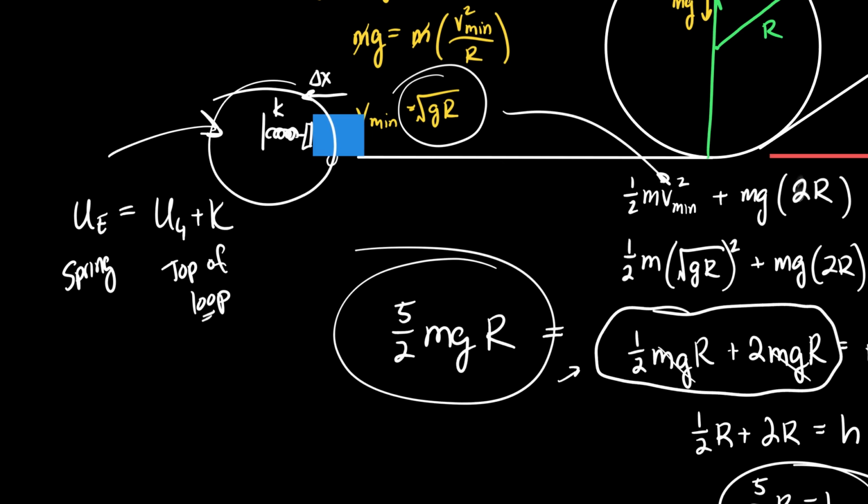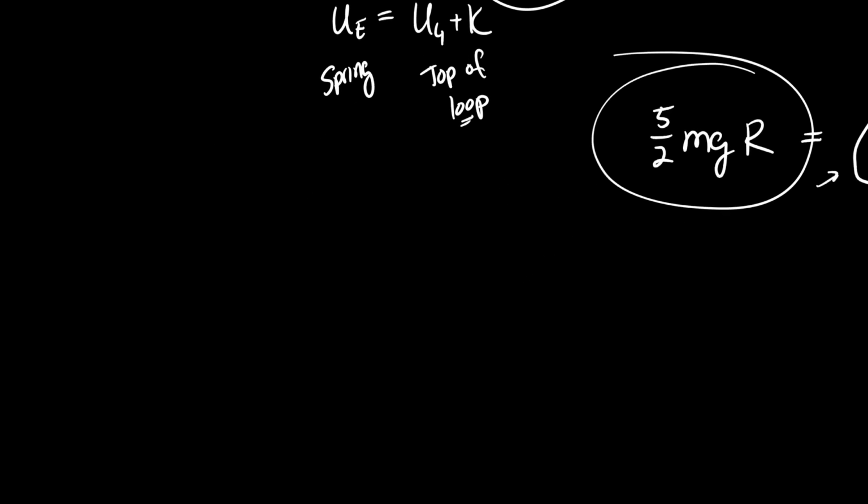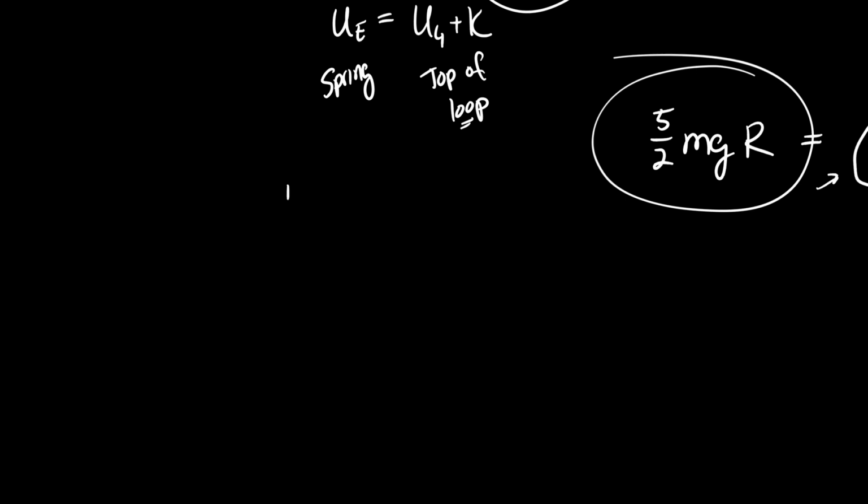Now from there, I can just say 1/2 K delta X squared equals 5/2 mgr. Now I just have to solve this for delta X. So that's algebra. I'll multiply both sides by 2 first to get rid of the fraction.